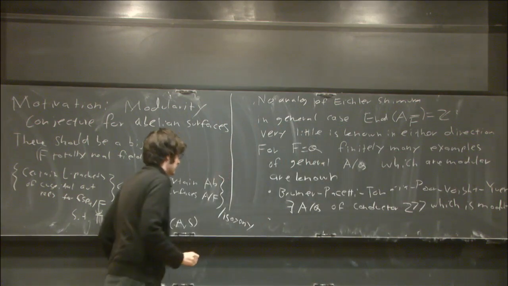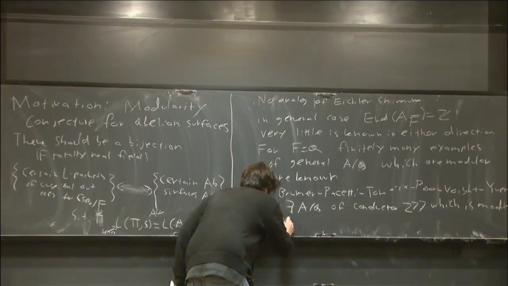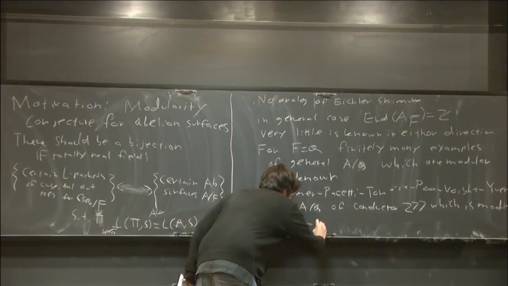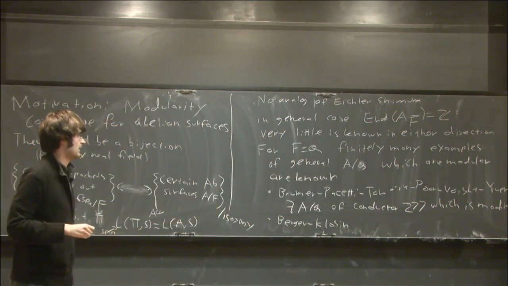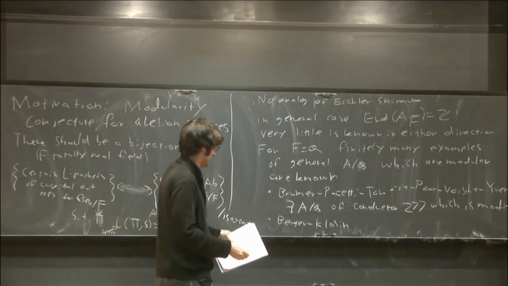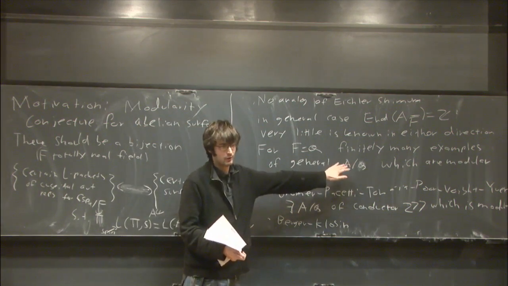And there's also work of Boxer and Calegari, where in fact they have a program for proving that certain abelian surfaces with a rational torsion point are modular.